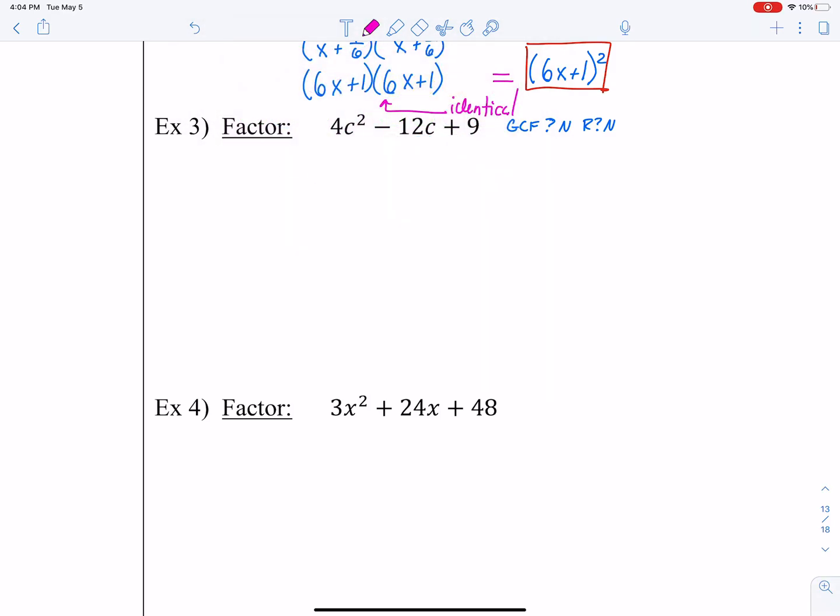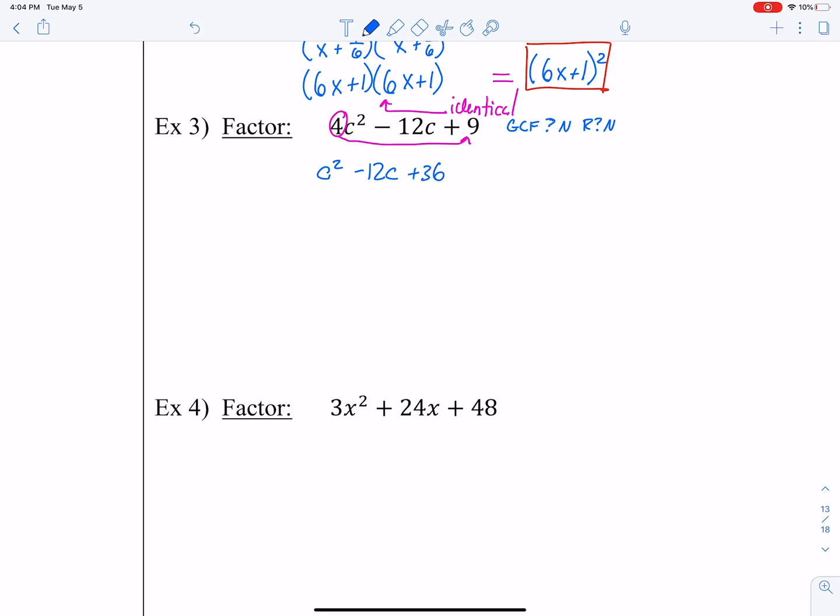Okay, so I'm going to assume you did that. I'm going to go underneath because there's not a lot of space. So this is going to be multiplied there. So I get c squared minus 12c plus 36.